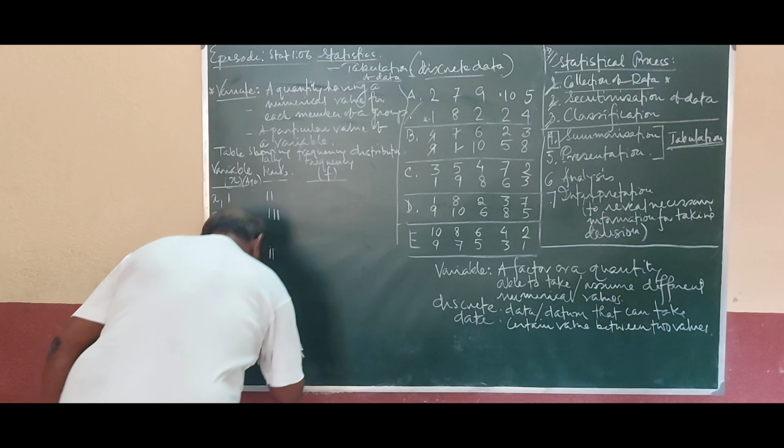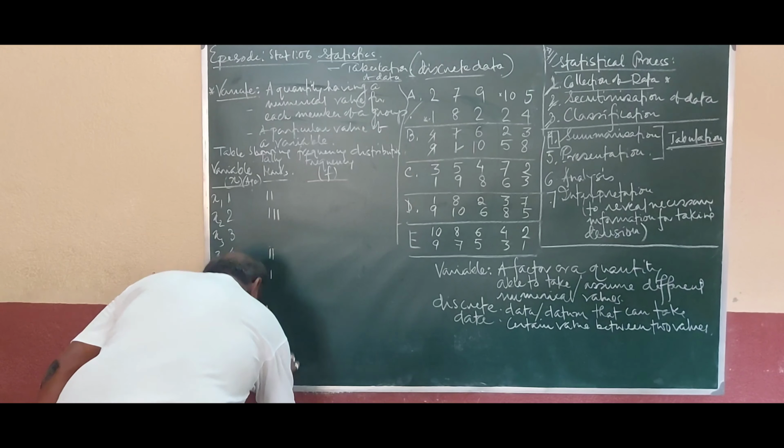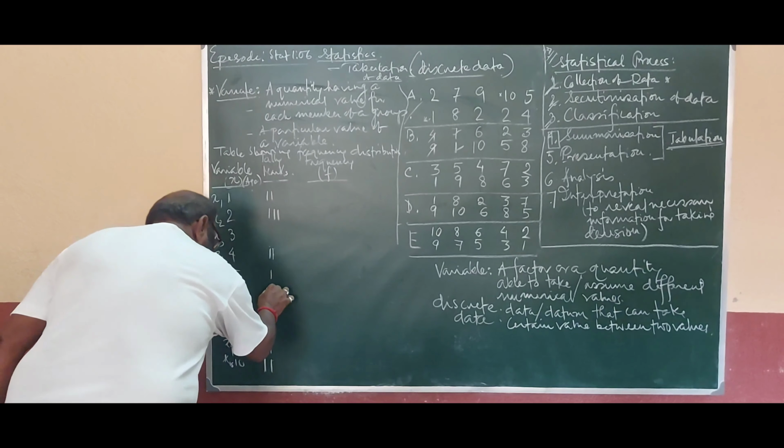6, 10. Then 2, 5, 2, 5. And here it is 3 and 8. Clear? So this part is also gone.